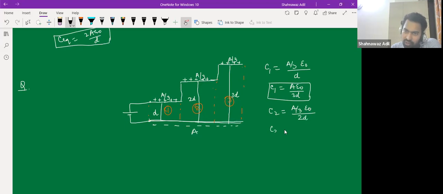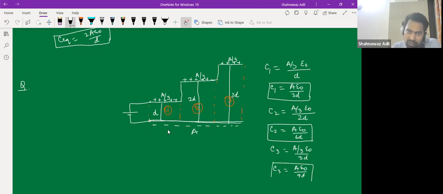So C2 is A epsilon naught by 6D. Similarly, I have this C3. So this is again area A by 3 epsilon naught by 3D. So this is A epsilon naught by 9D.